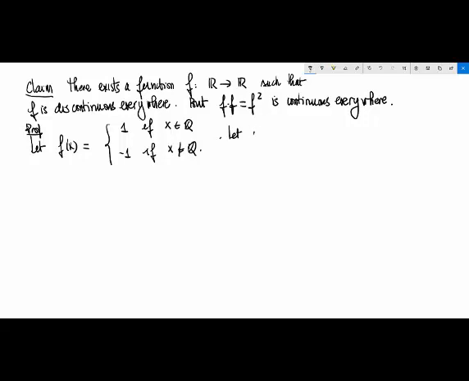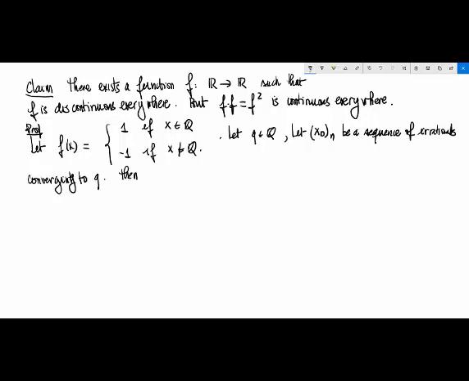Now let q be some rational number, and let xn be a sequence of irrationals converging to q.